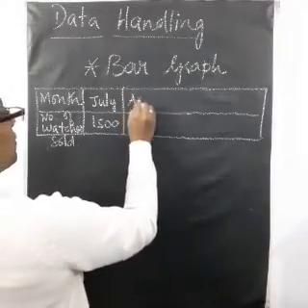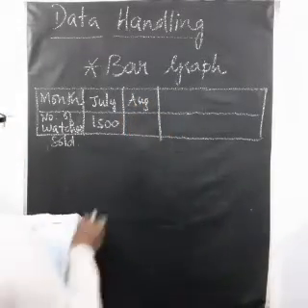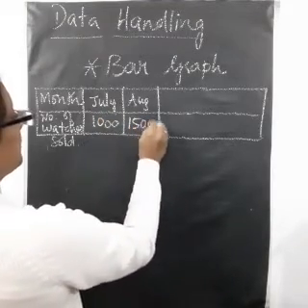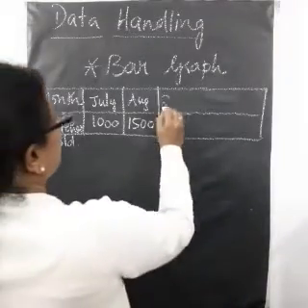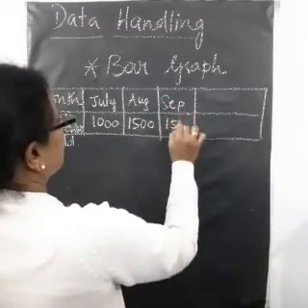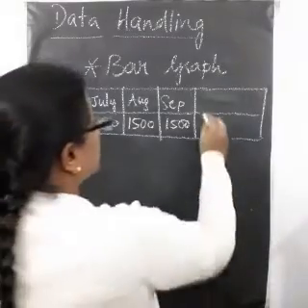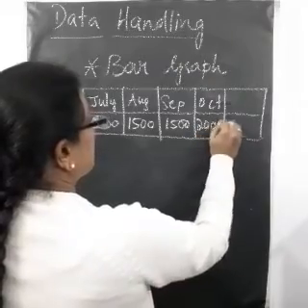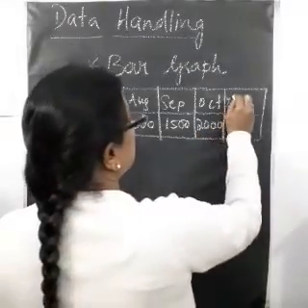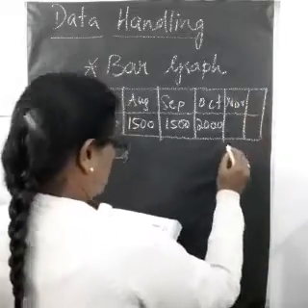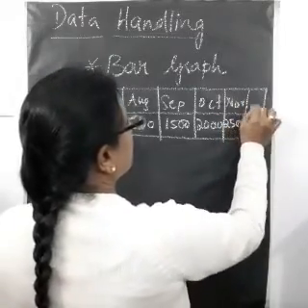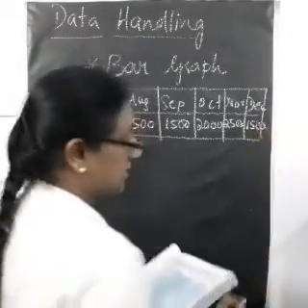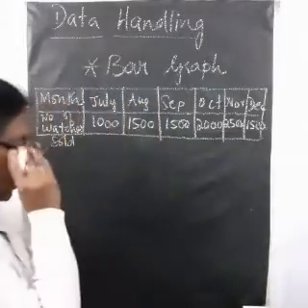Then in August, 1,500, then September also is 1,500, then October is 2,000, then November is 2,500, and December is 1,500. Supposing this data had to be represented by using a bar graph.